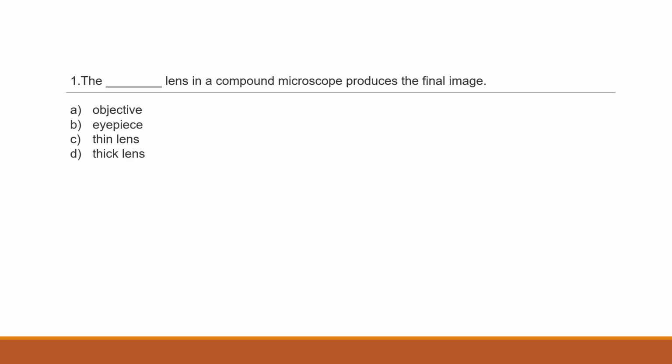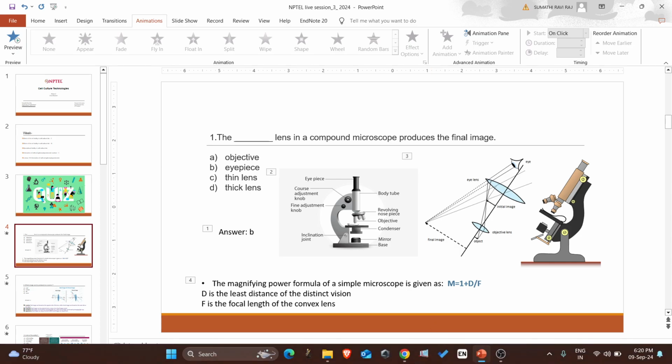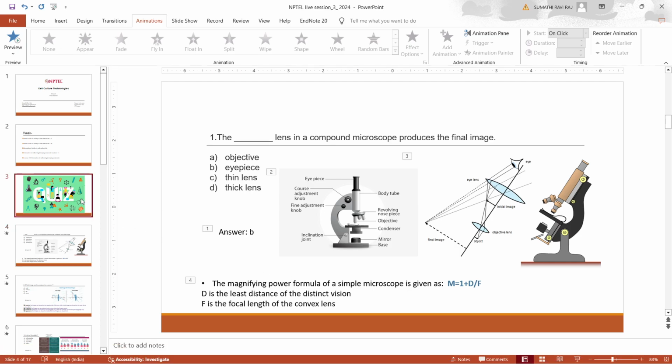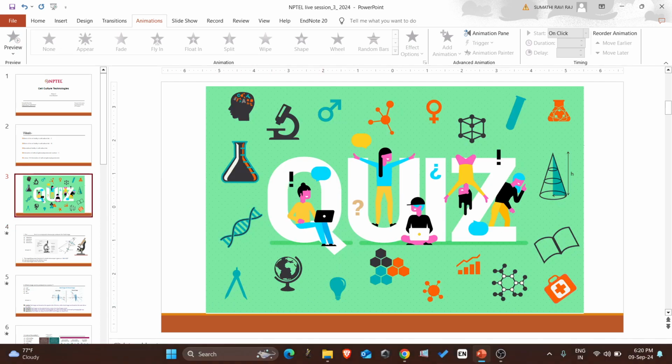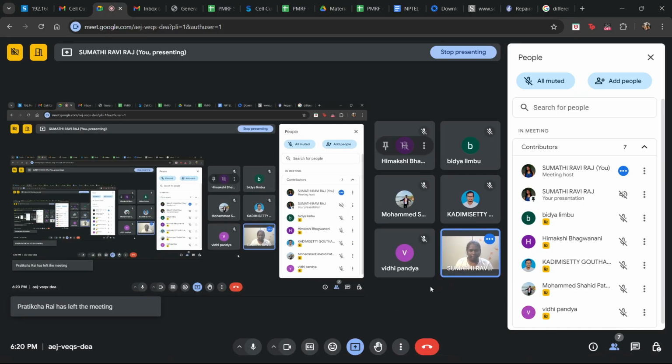Anybody? I see at least 6 participants right now. I don't know if others will join later, but please try to answer the question. So no one is going to answer.